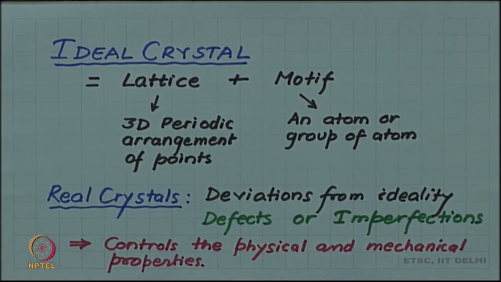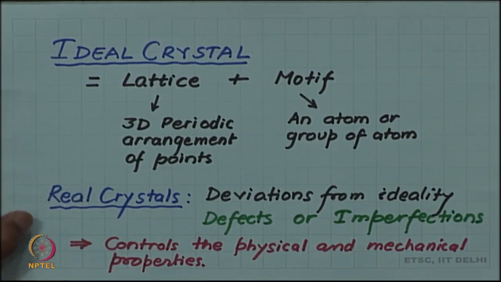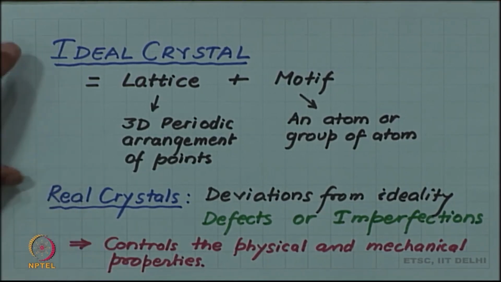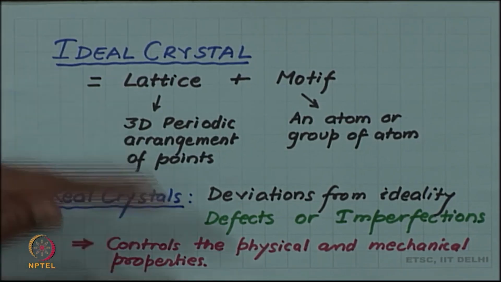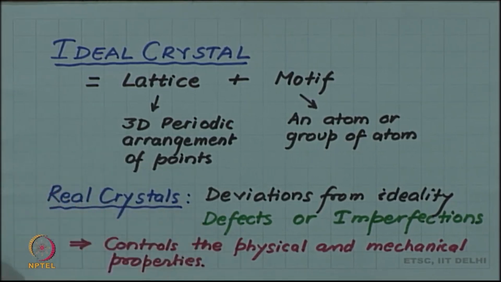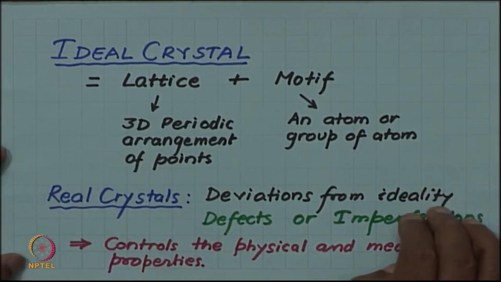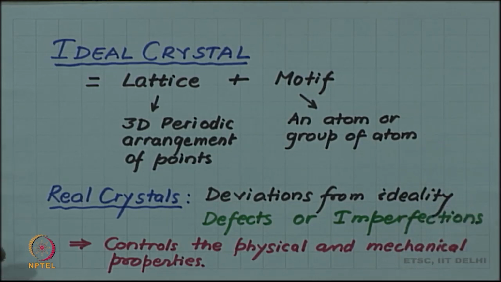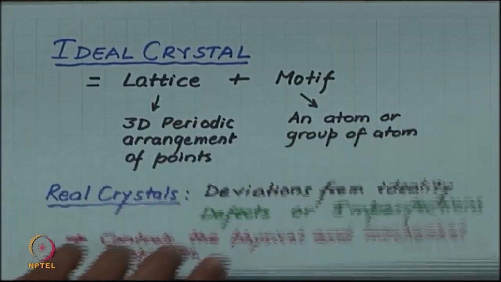So, it is important to have a serious study of defects in crystal. Of course, to study the defect, the reason we spent a considerable amount of time on ideal crystal is that a defect can always be with respect to deviation from ideality. So, we have to know what ideal structure we are talking about, then only we can talk about the defect in the structure.